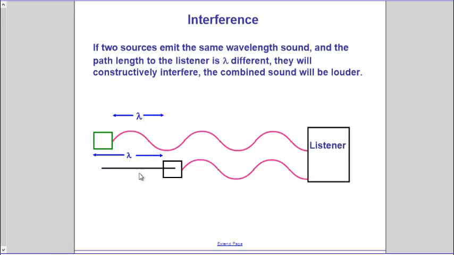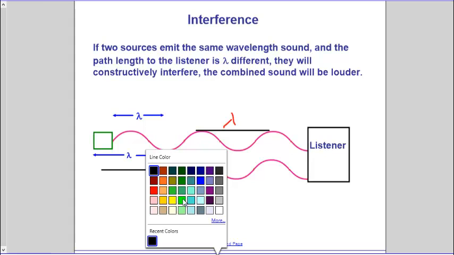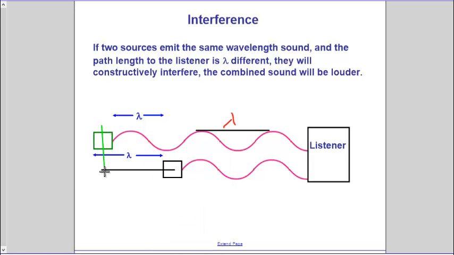This distance that these speakers are separated by corresponds with a complete wavelength. So again, here is lambda, the wavelength, and this distance of separation. So I'll draw, let's pick a different color, from center to center. Fix this crooked line. That's better.